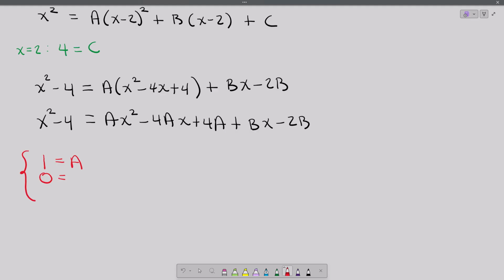Coefficient of x on the right, we look over, there's an x, there's an x. So the coefficient of x on the right is negative 4a plus b. Constant on the left is negative 4, constant on the right, there's a constant, there's a constant. So constant on the right is 4a minus 2b.